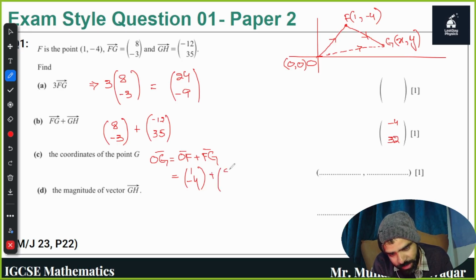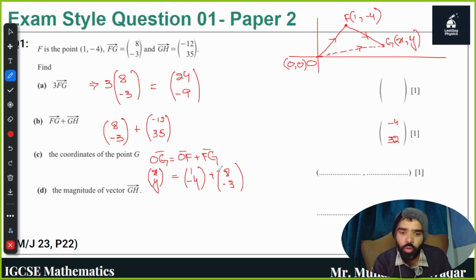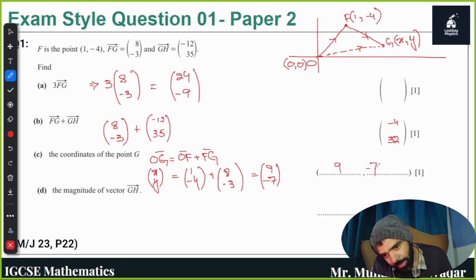So it will be just a simple sum, and you'll find the coordinates of the G point, because the OG vector is x and y. So the x, y values are the coordinates of the G point. It'll be 1 plus 8, which is 9, and minus 4 minus 3, which is minus 7. So 9 and minus 7.